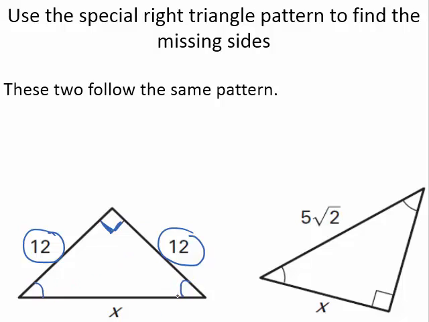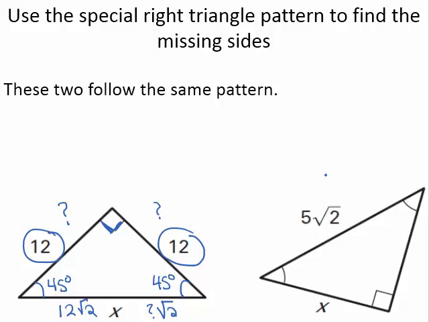So that means these two angles must be the same, and therefore they must both be 45 degrees. So it's going to follow our pattern: the unknown amount, the unknown amount, and the unknown amount times the square root of 2. Well, since our unknown amount is 12, we know that this missing side, or x, must be 12 times the square root of 2.